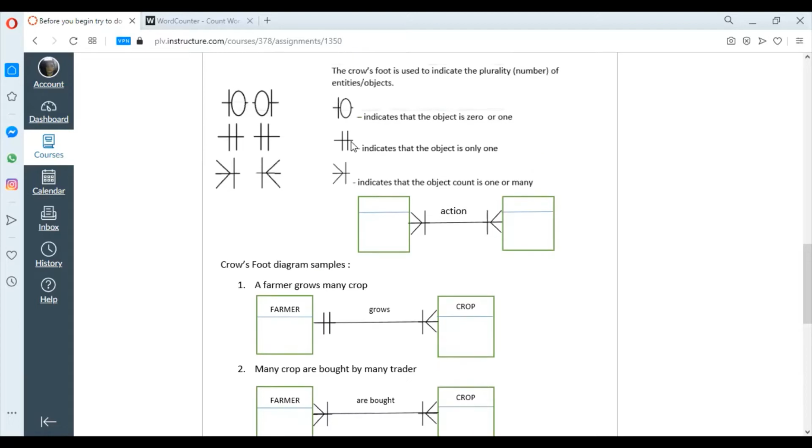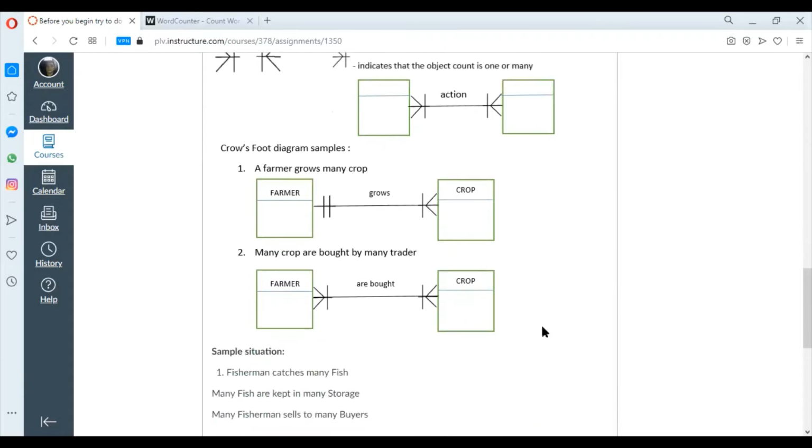By the way, going back, we can also have a relationship of zero or many. Basically, instead of putting one vertical line, you replace it with circular line, and then we put in the symbol for many. Okay, and next example, many crop are bought by many trader.